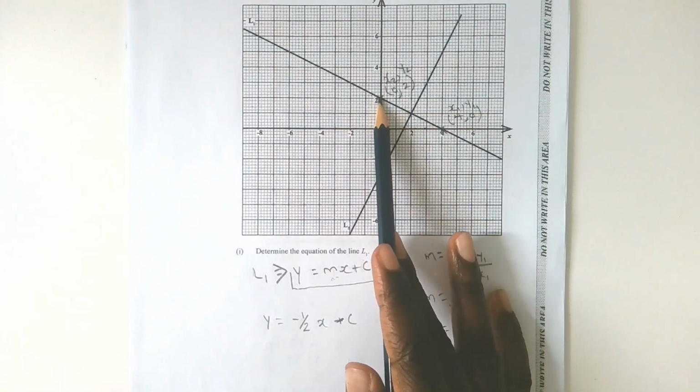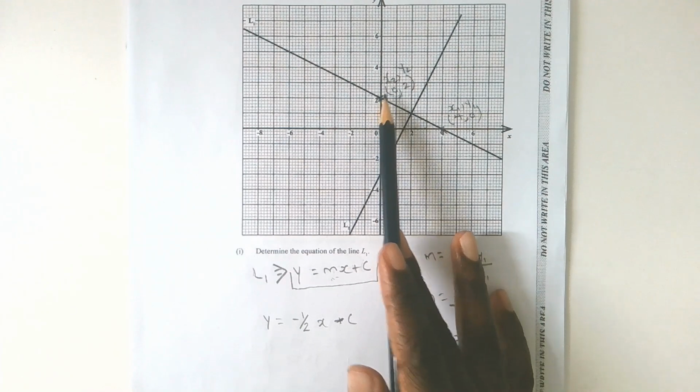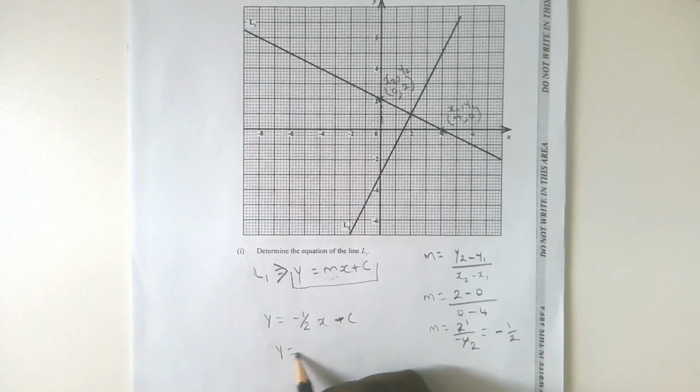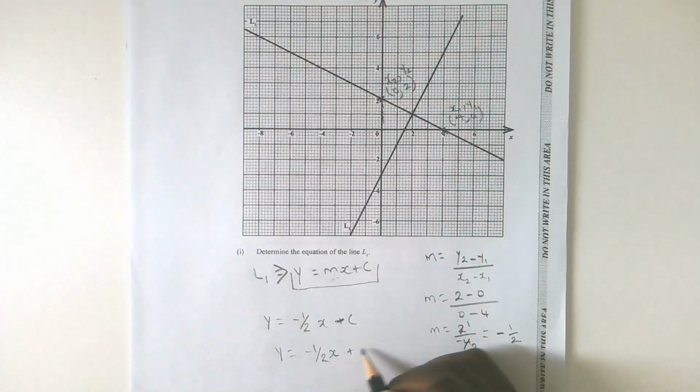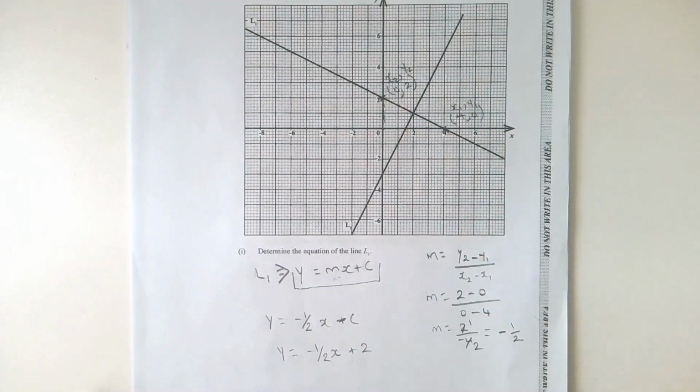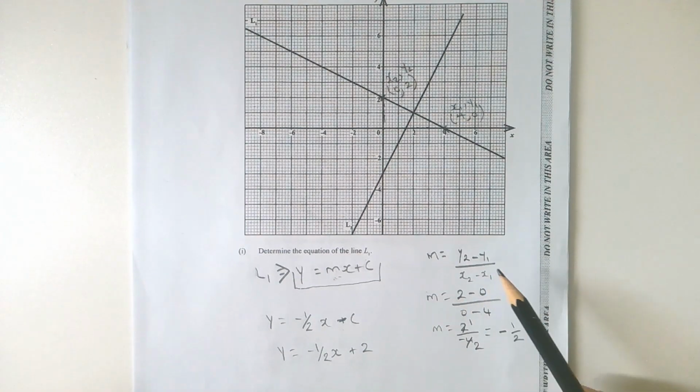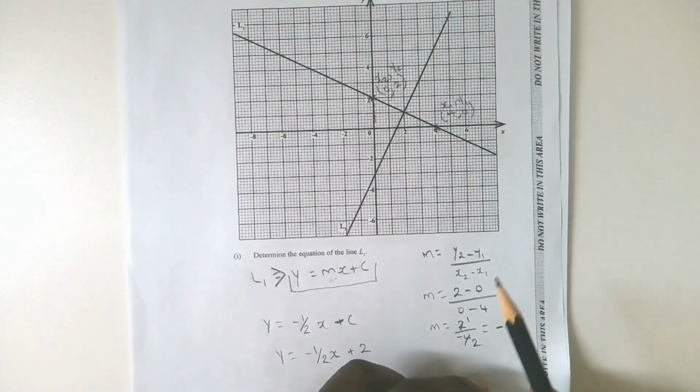That's where it crosses the y-axis. So y is equal to -half x plus 2. Moving on.